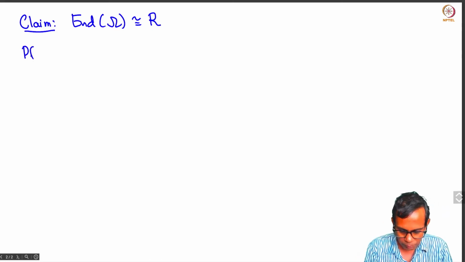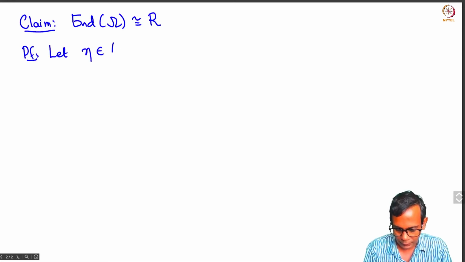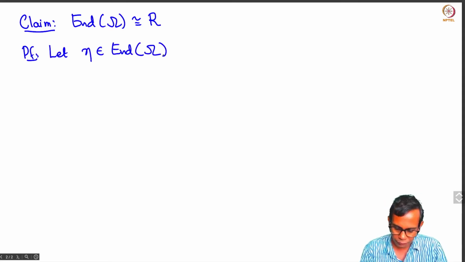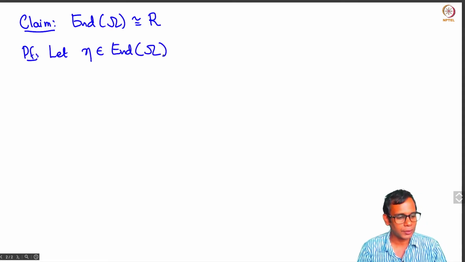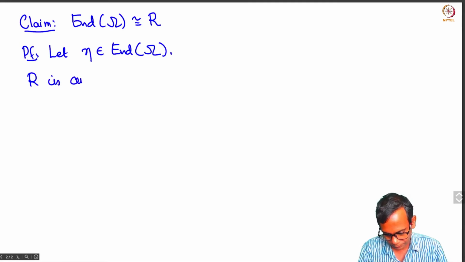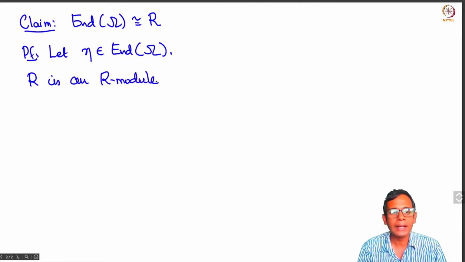So suppose you have a natural transformation from omega to omega. And now the first hint as to how to solve this problem: R itself is an R module. R acts on itself by left multiplication.